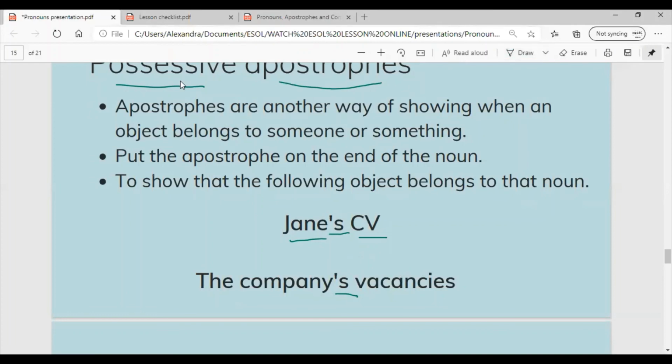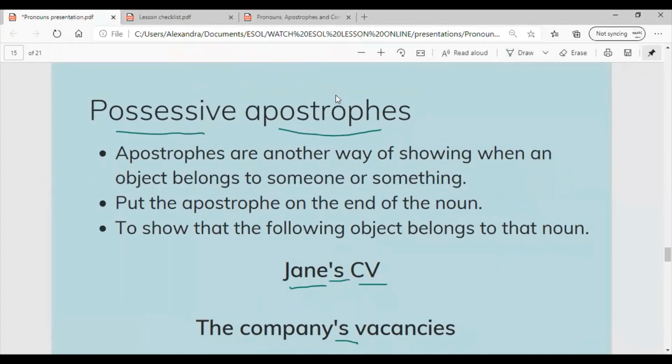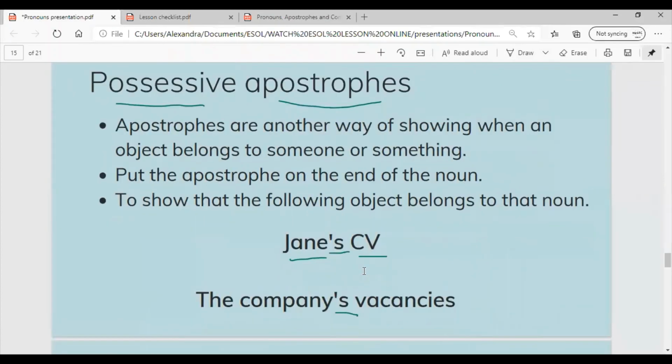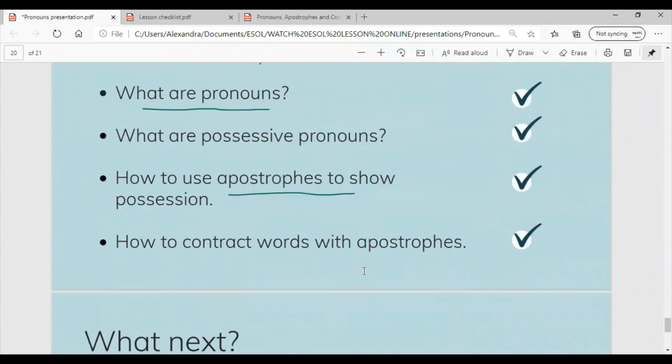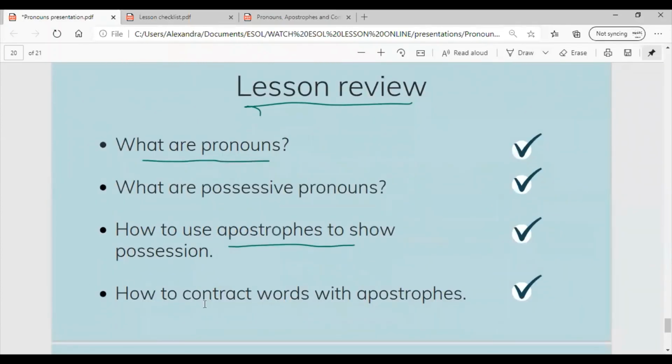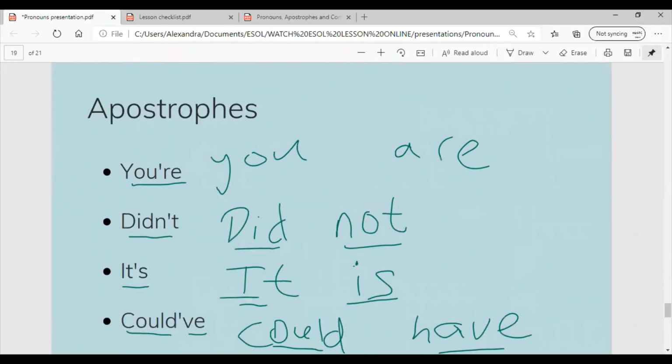So we know how to use possessive apostrophes to show when something belongs to someone. And then finally, we've looked at how to contract words with apostrophes. So remember how we've put in the apostrophes and taken out letters or put letters in to make the separate words. So you had "didn't" and "did not". Okay.